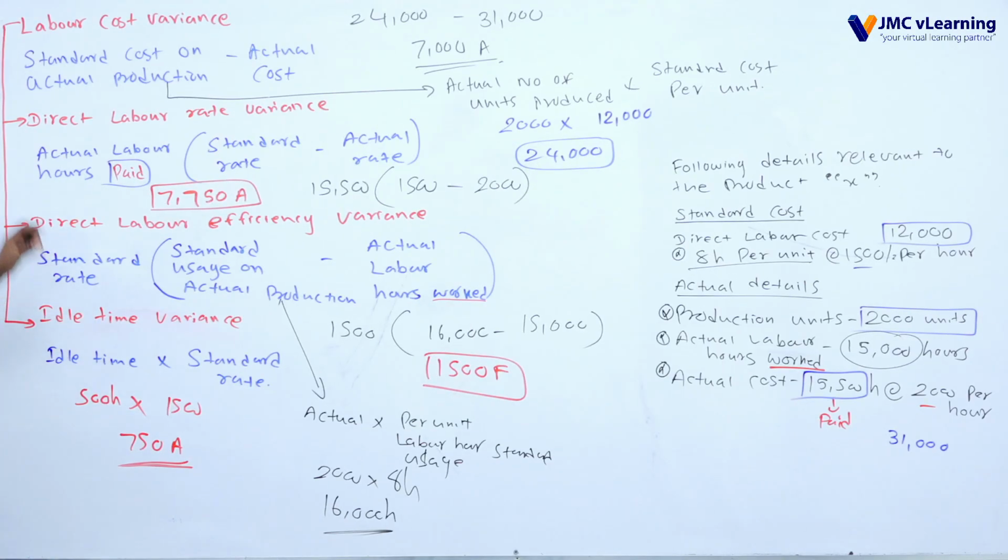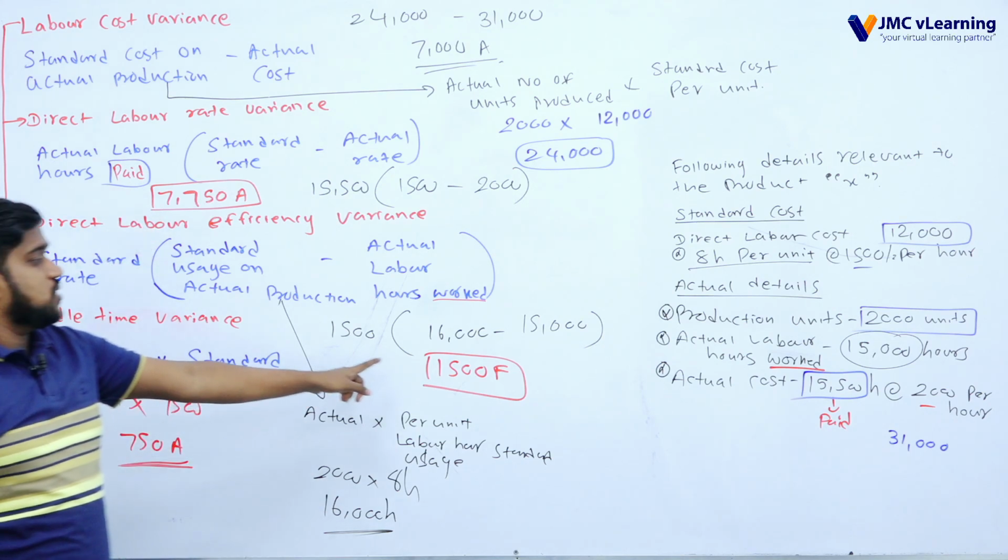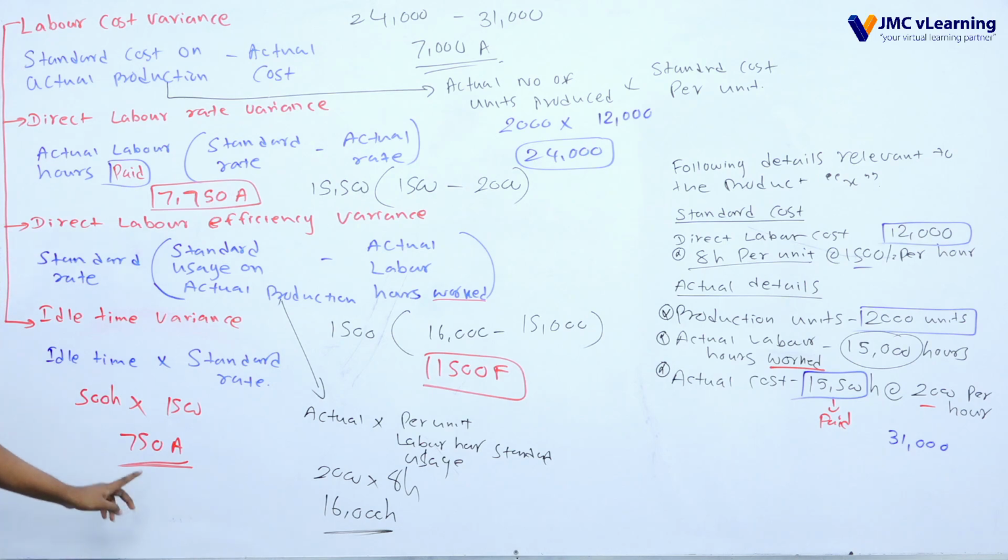We have calculated the sub variances also: direct labor rate variance, direct labor efficiency variance, and idle time variance. The summation of all of those should be equal to this 7,000. Let's see if it is correct. We have an adverse variance of 7,750, then a positive variance of 1,500, and a negative or adverse variance of 750.